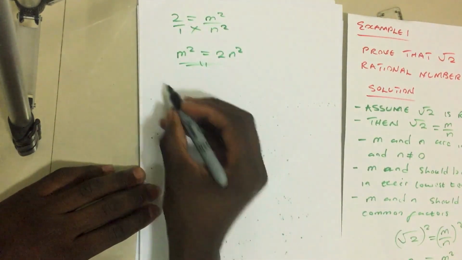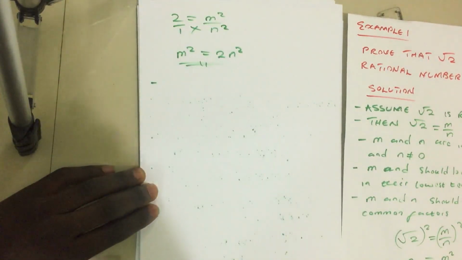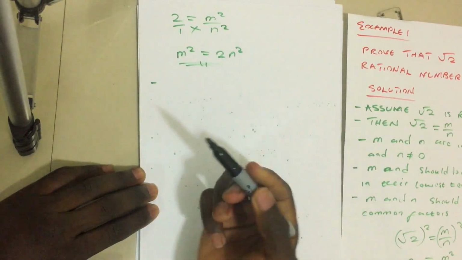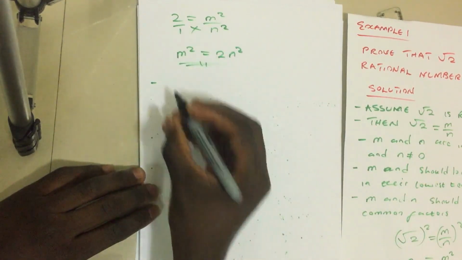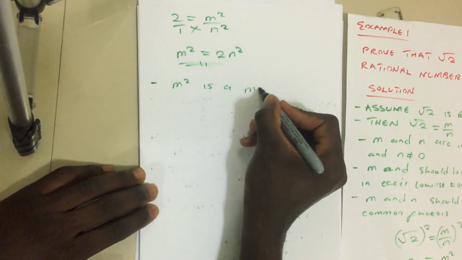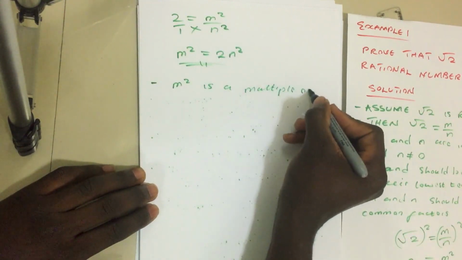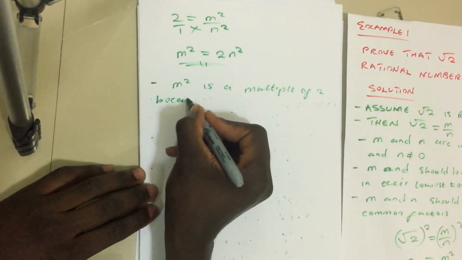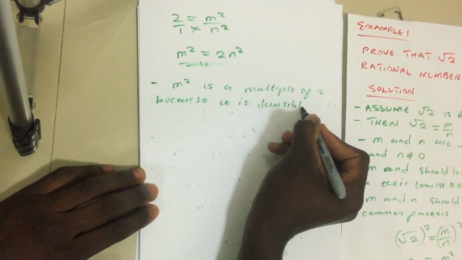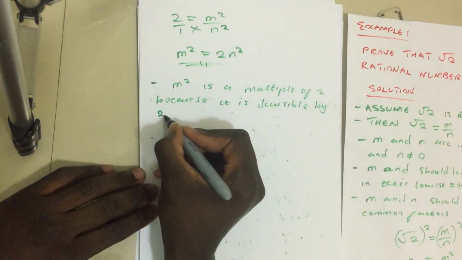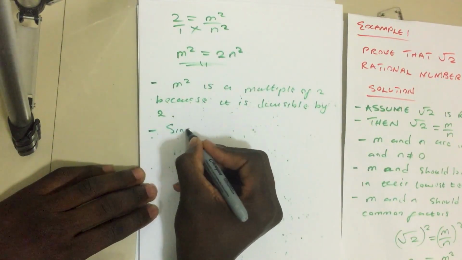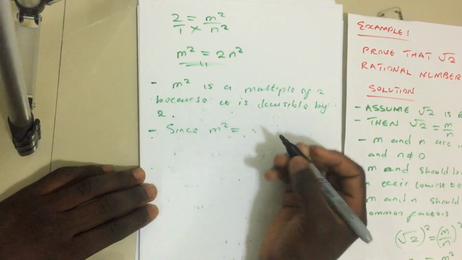If we divide everything by 2, we can see that m squared is a multiple of 2, because it is divisible by 2.